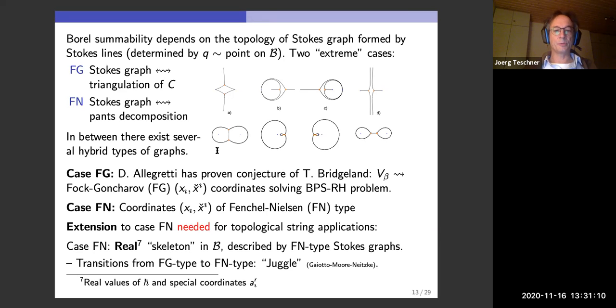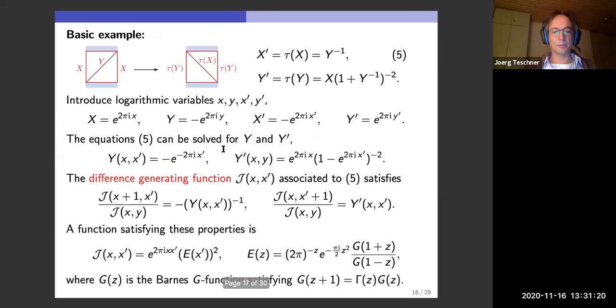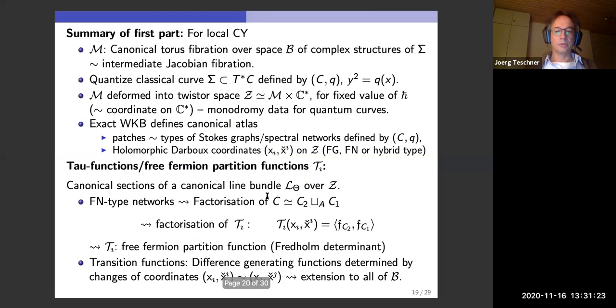For that case, which is a family of cases that just happens inside of our moduli space, what we can do is to use the factorization of the Riemann surface as defined by this graph into pieces, say a subsurface C2, subsurface C1, glued along an annulus that connects the two. And that leads to a factorization of the corresponding tau function, which is the section of the line bundle we're associating here to our space Z.